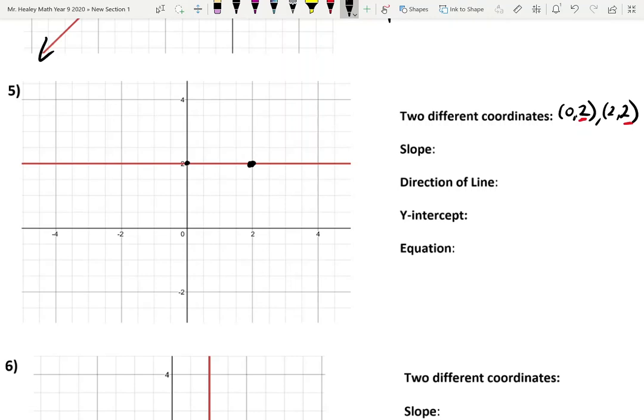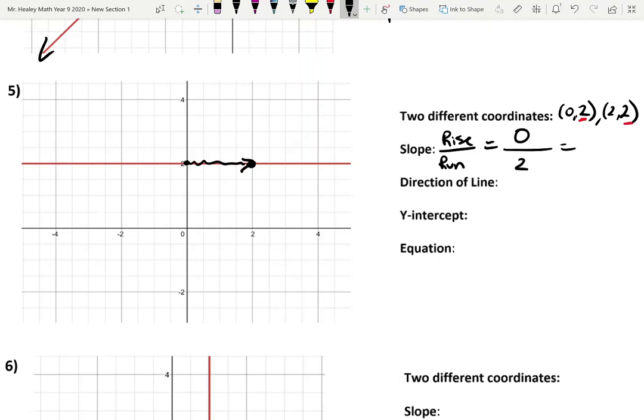2. So slope, remember slope requires two movements. It needs to rise, it needs to run. So let's look. From here, we want to go to this point here. Well, it actually doesn't rise at all. It rises 0 and runs 2 to the right.